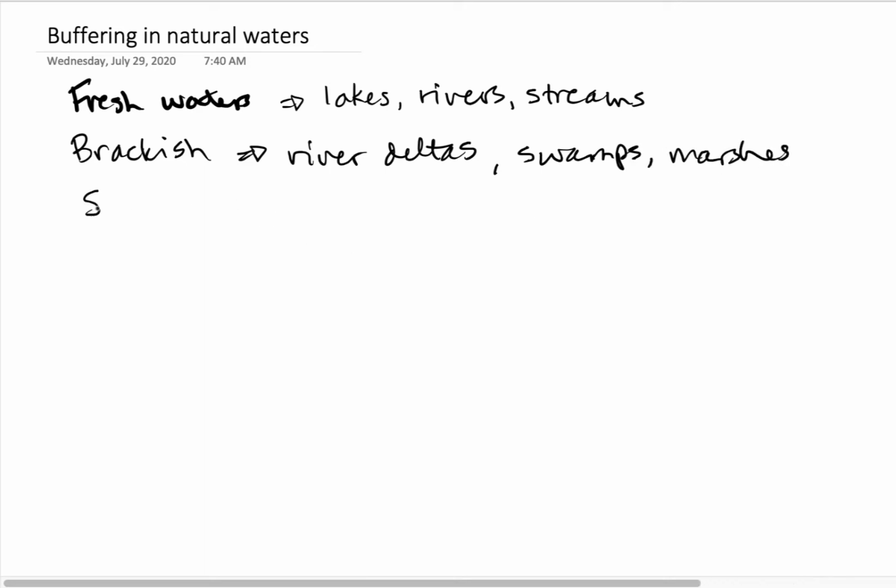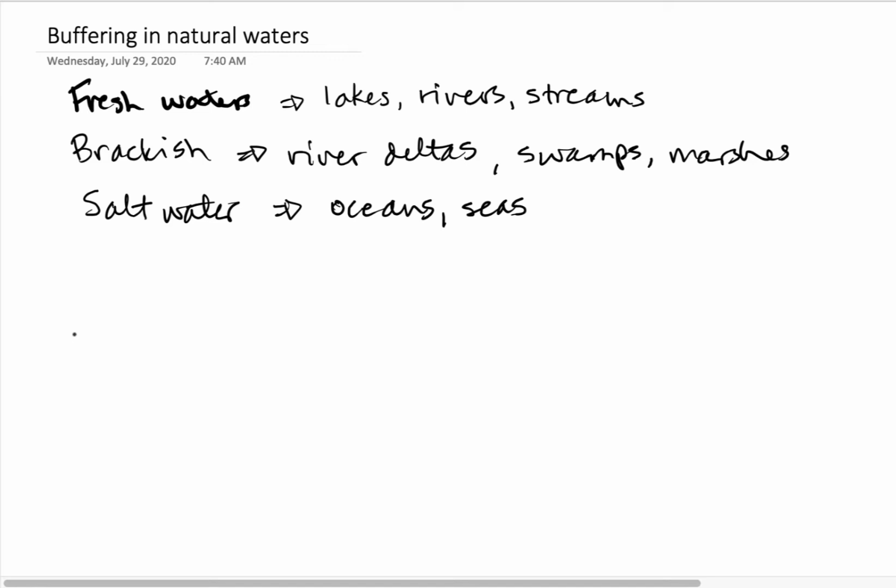And then we have true saltwater, which are our oceans and seas, and a few inland lakes, or inland trapped seas. But for the most part, we'll just kind of categorize them this way.